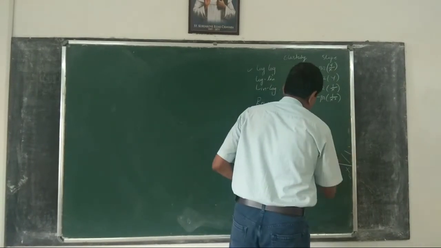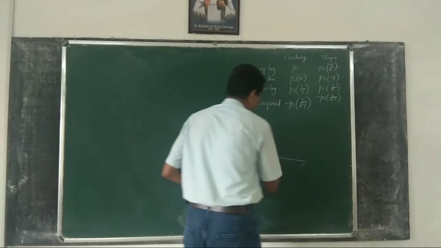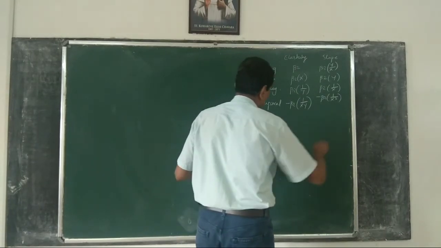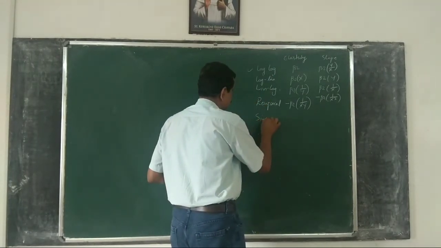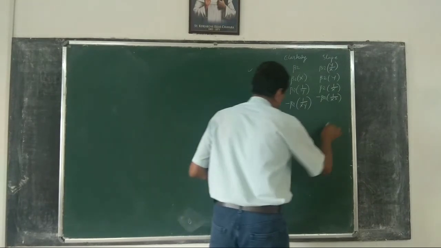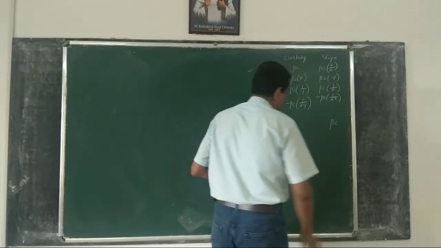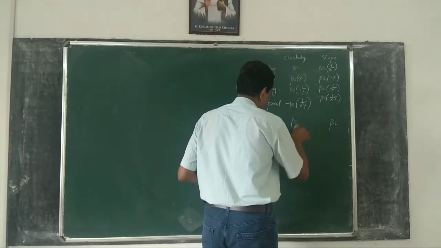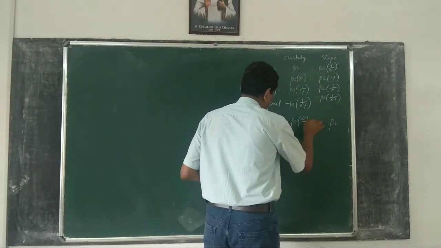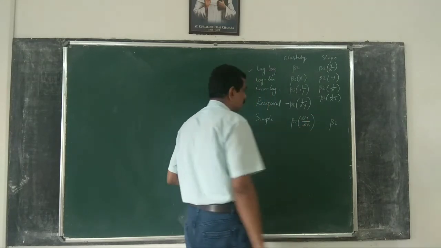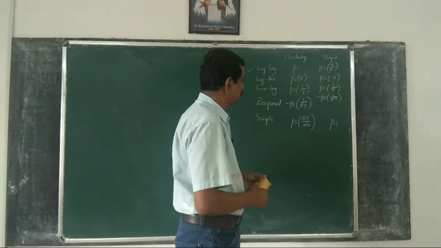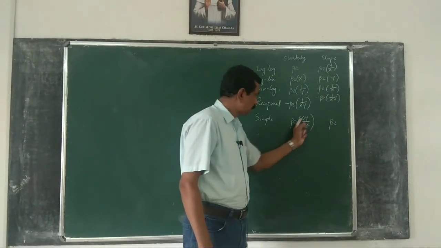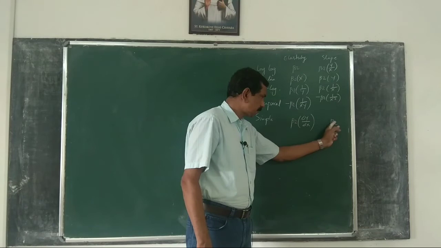Now, if we are considering a simple linear regression model, what is the slope? The slope in the simple linear regression model is beta 2. What is elasticity? Elasticity is delta y by delta x into x by y.